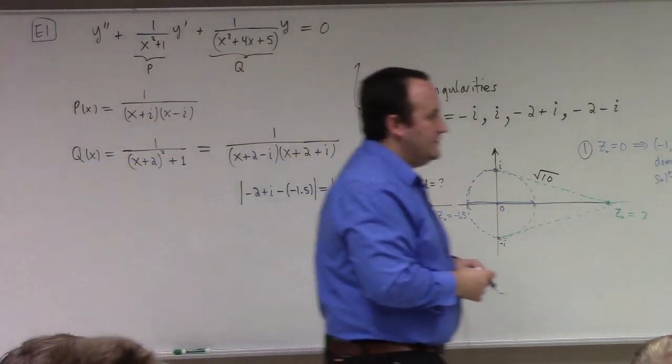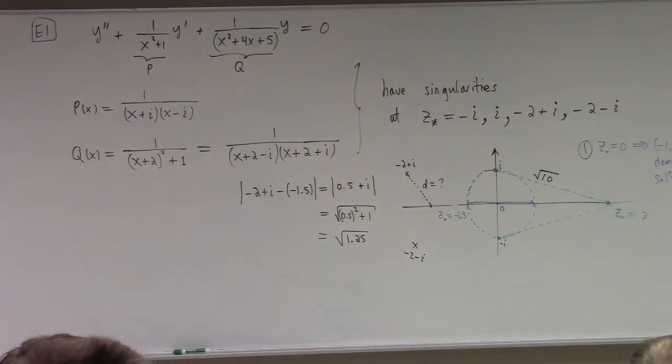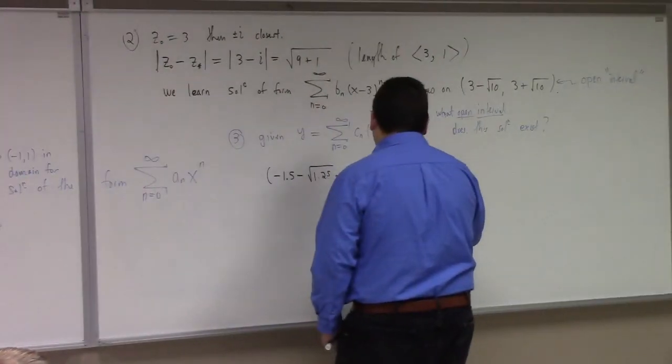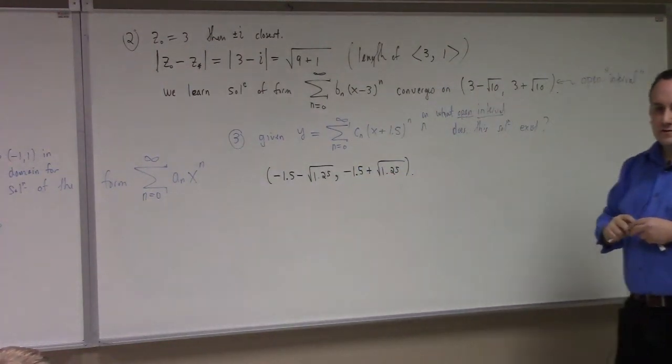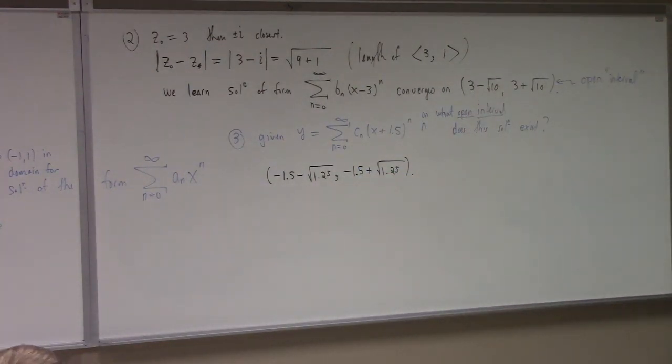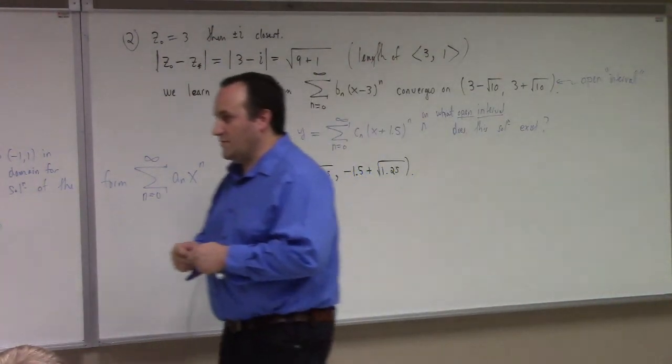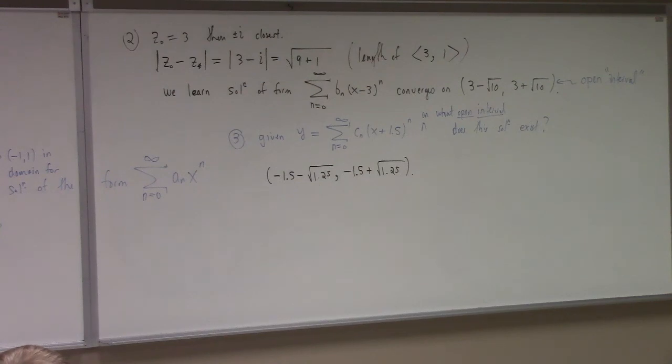So the answer to my problem 3 would be that you can be certain on the open interval minus 1.5 minus the square root of 1.25, comma, minus 1.5 plus the square root of 1.25, a solution to this differential equation exists. Does that make sense? I think there's a problem or two in your homework. Hopefully that'll help it settle in. That's about all I have to say about these.